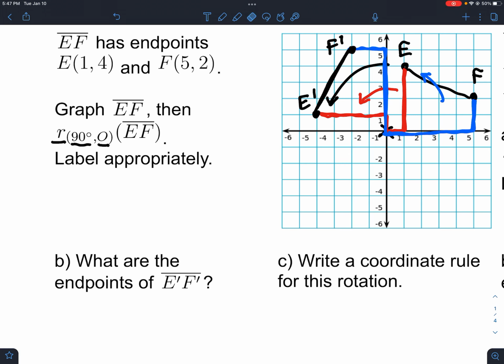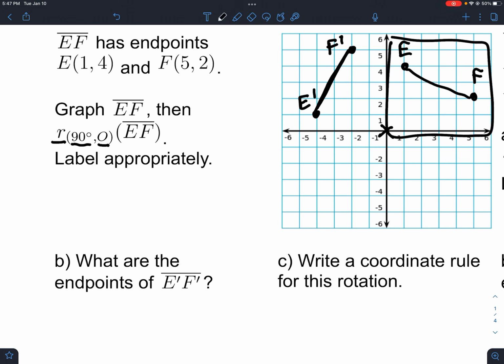So if we erase all of our stuff, we get the rotation. So it's almost like they just took this entire box and just spun it over here. You could think of it that way too.